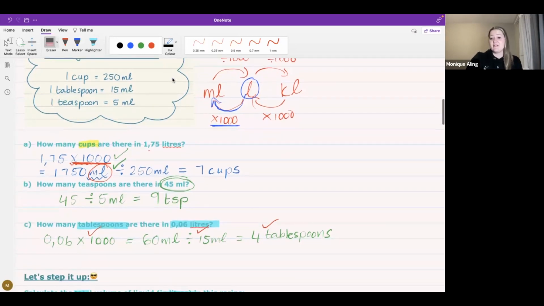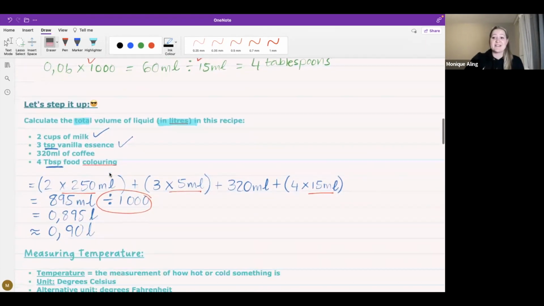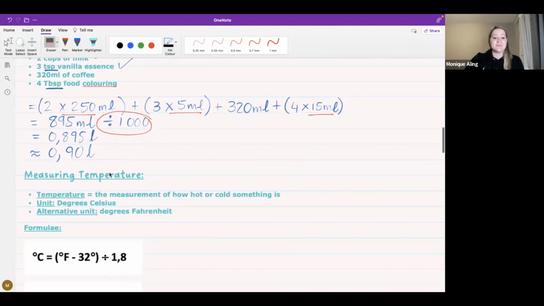The hardest part is actually remembering: what am I timesing, am I dividing? Is it by 1,000? Is it 10, 100? Remember, with our units of length, millimeters, centimeters, meters, kilometers, all had different numbers. The hardest part of conversions is knowing them off by heart, but the more you practice, the easier it will stick in your head.